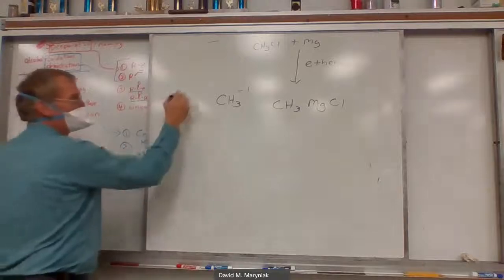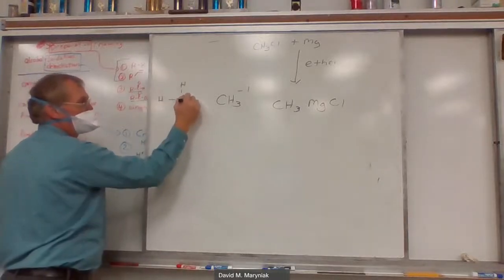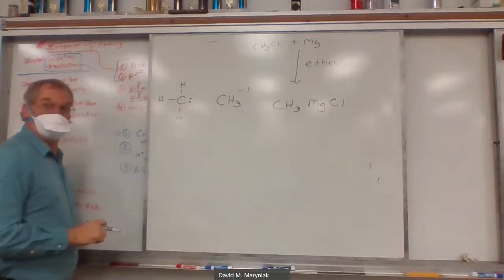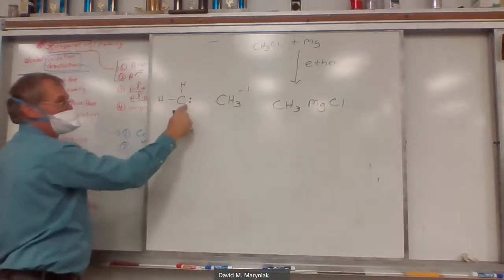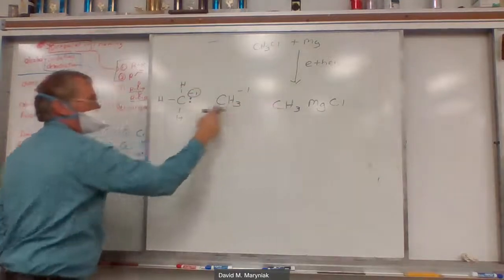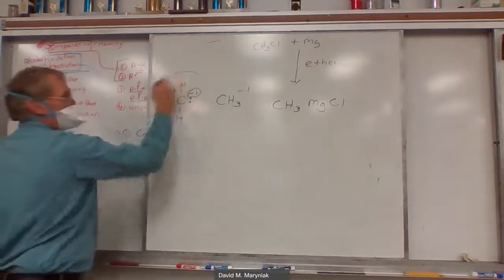And most importantly, if you show methyl with a negative, where is the negative charge located? On the H's or on the C? So of these three, which is the best way to help you with what comes next? That.